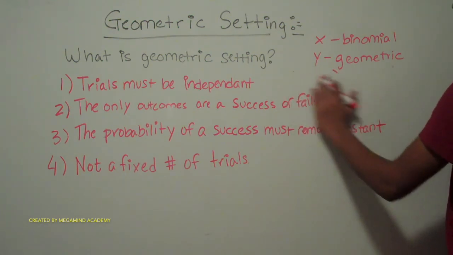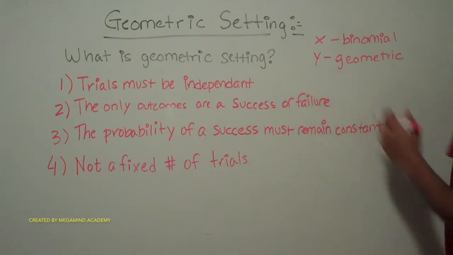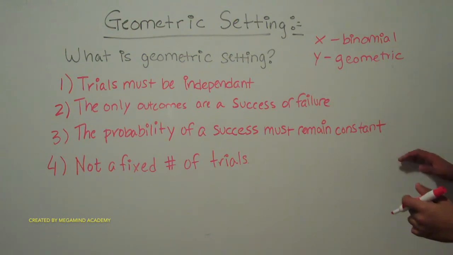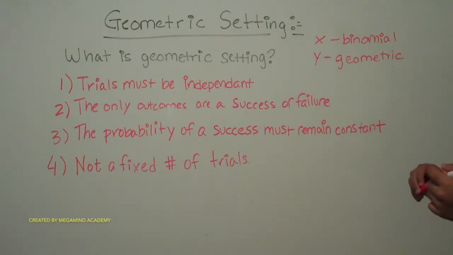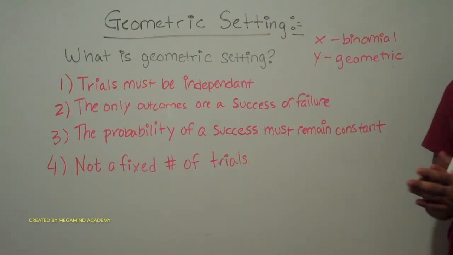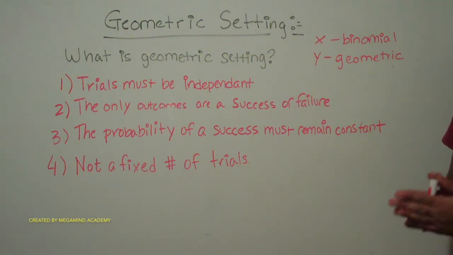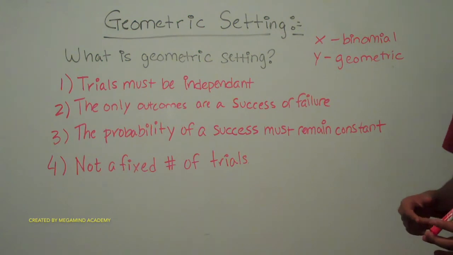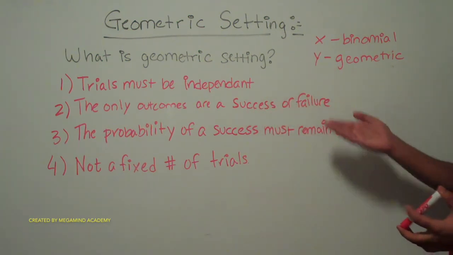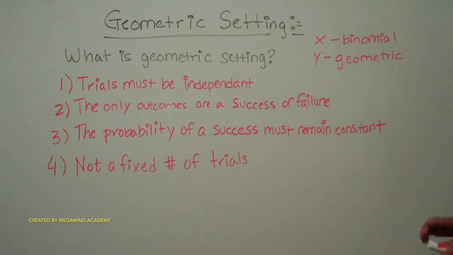Okay, so now that we got that cleared out of the way, here we have our geometric setting. The first condition is that the trials must be independent. That means that the outcome of one trial must not affect the outcome of the other trial. 2. The only outcomes are success or failure. Basically, we're just stating here that there are only two outcomes, and they are the complement of each other. 3.